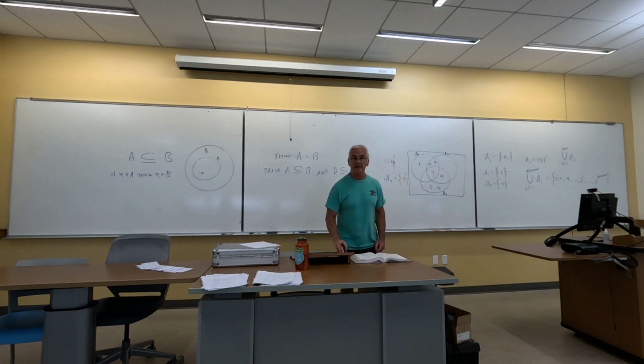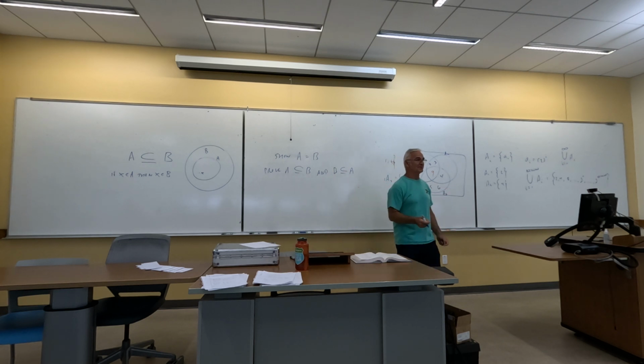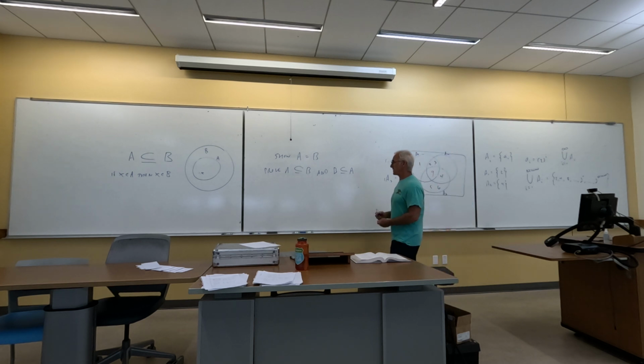If A is contained in B and simultaneously B is contained in A, that could only happen if they were the exact same sets. Okay, that's something we're going to do. You don't like this one as much because this one is always exactly twice as much work as doing one of them, because you're doing the entire process literally twice. But we understand there's a process here. Everybody cool with that? So that's a pretty simple thing.